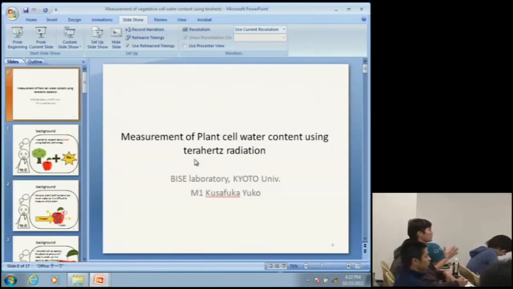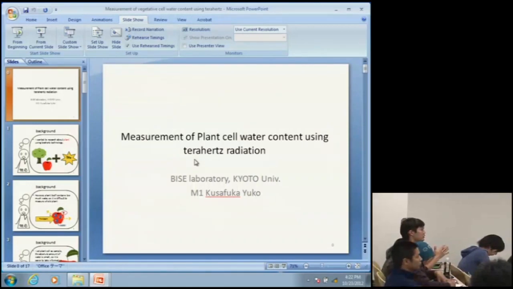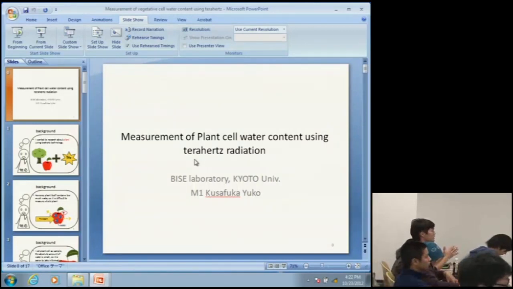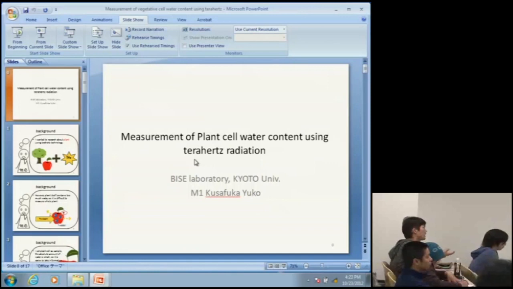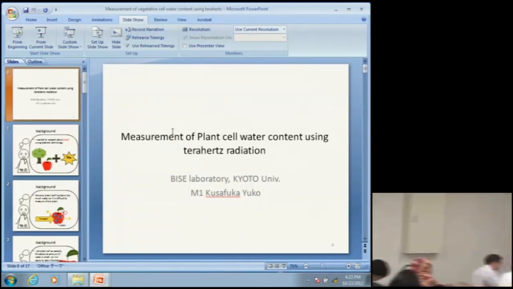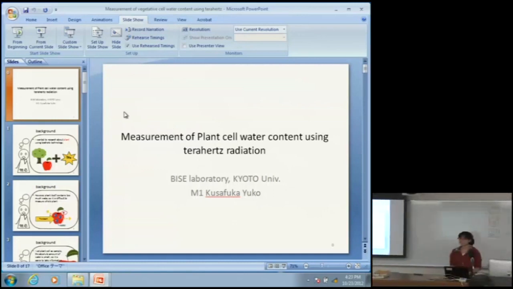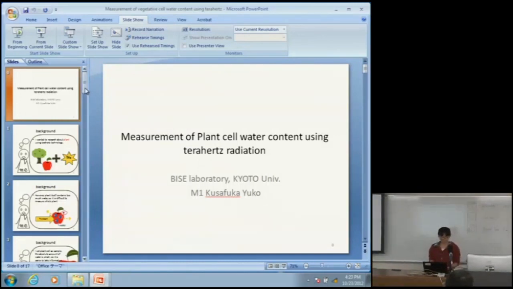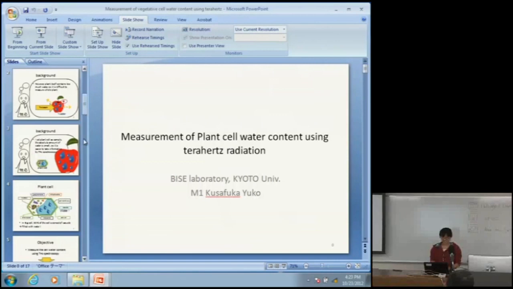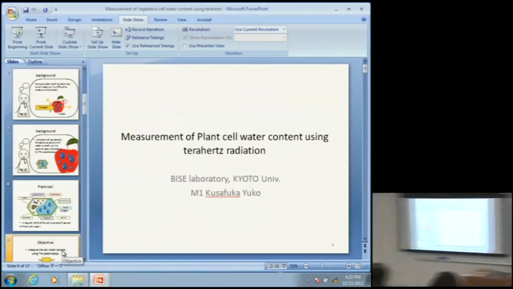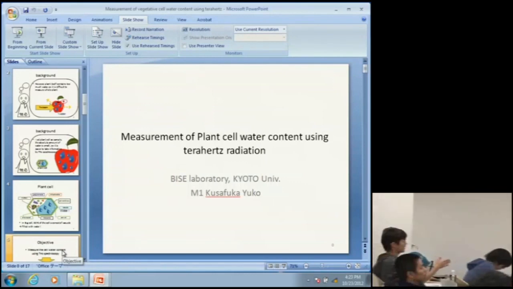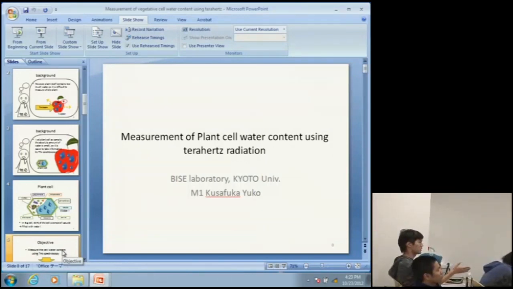So, what is the goal of your research after you measure the concentration of the water? What is your application? Only in the last slide, it shows that you want to measure the freshness of the vegetable?